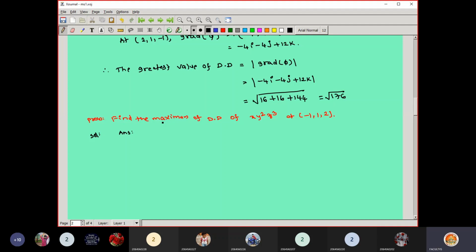It is a scalar. Root 464, correct. So the right answer is the square root of 464. Good.